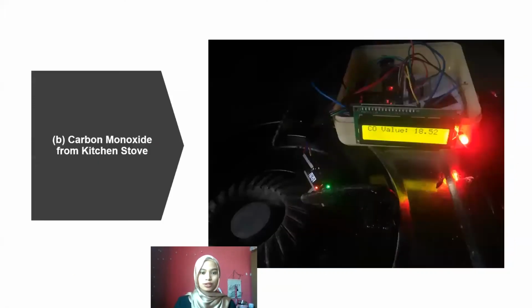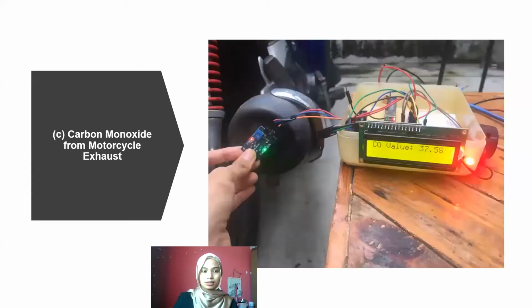Next, carbon monoxide from a kitchen stove. The reading is 18.52 ppm. Then the third one, carbon monoxide from a motorcycle exhaust. The reading is 37.58 ppm, which is high and can have an effect on our human body.